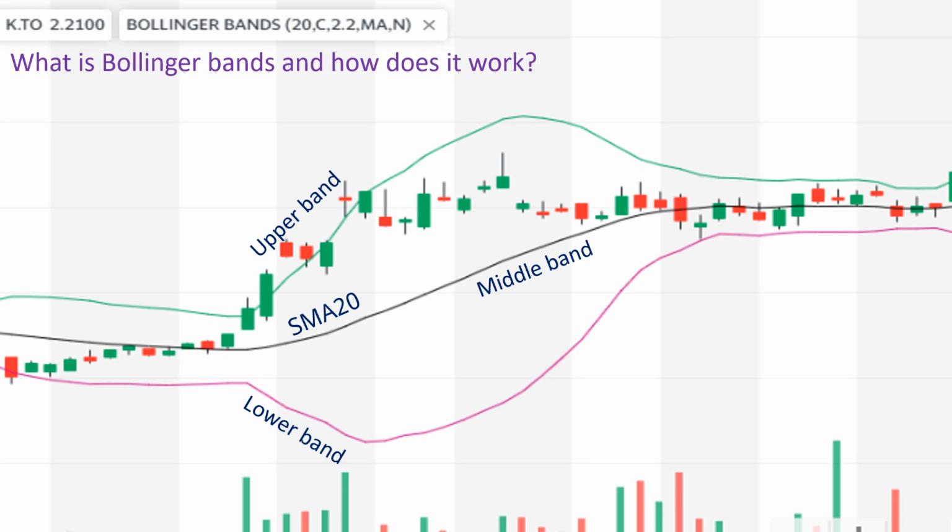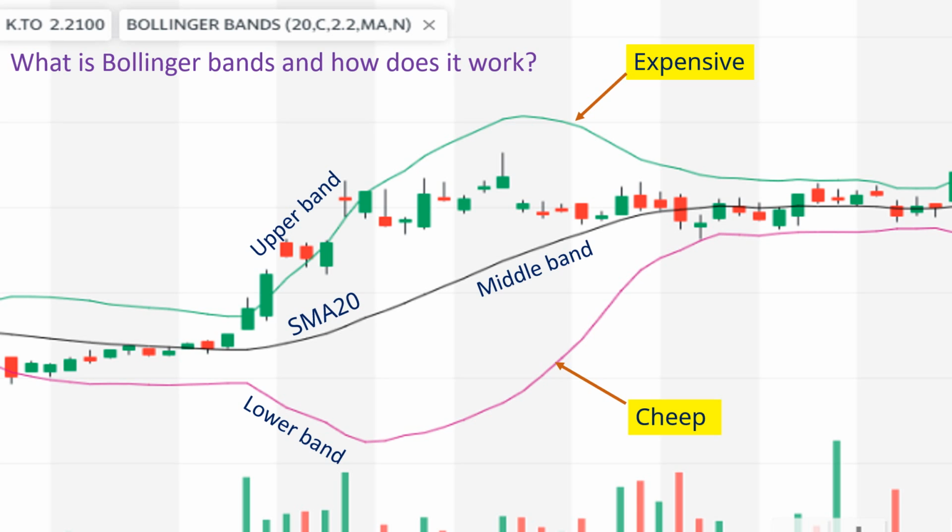If the price is near the upper band, the stock price is high and you are in an expensive zone, because you are above the mean or above the middle band. If the price is near the lower band, the stock price is low and you are in a cheap zone because you are below the mean or below the middle line.